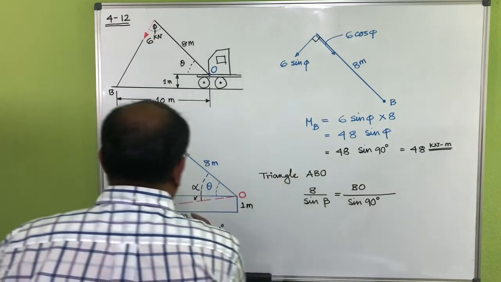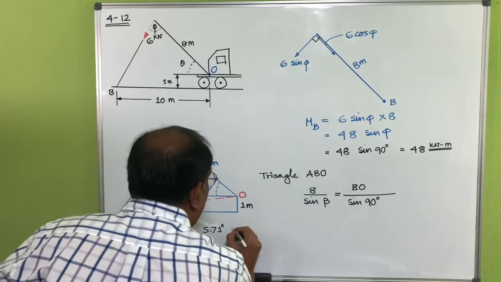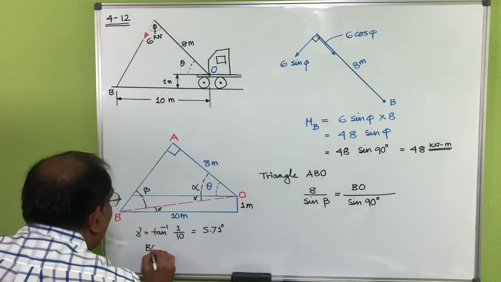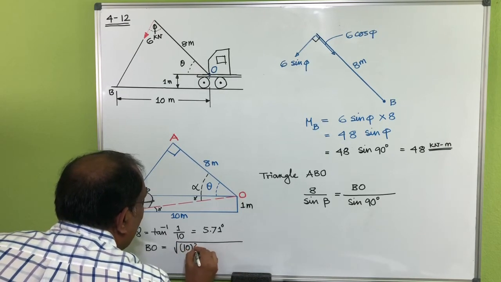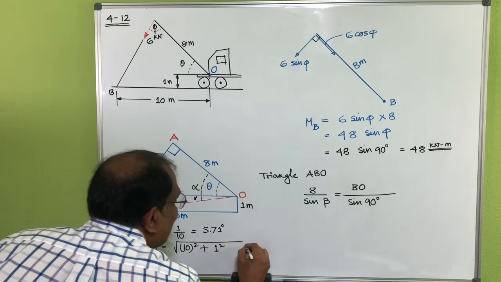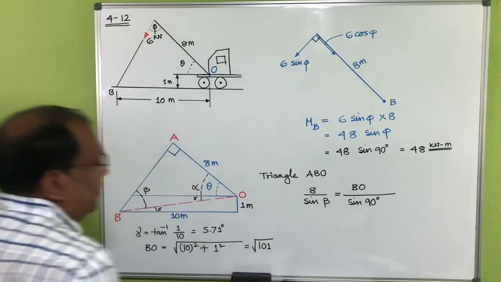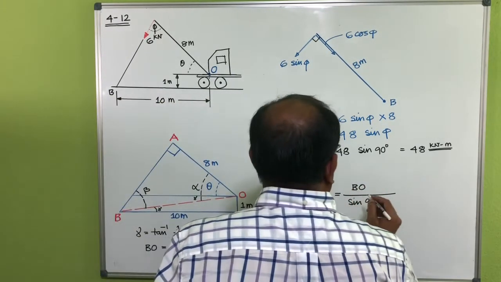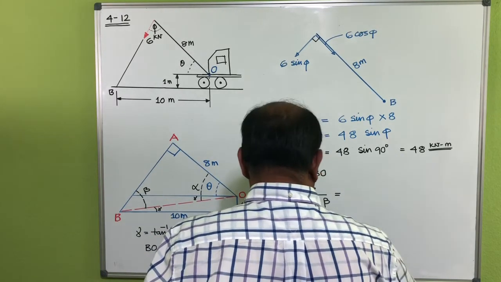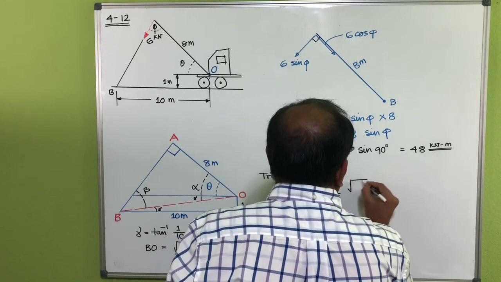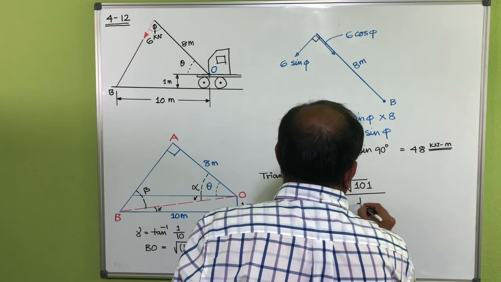You can find out the BO because you know this one and this one. From the Pythagoras formula, BO is the square root of 10 squared plus 1 squared, that's root over 101, okay? So I can plug that value here. Root over 101 divided by sine 90 equal to 1.